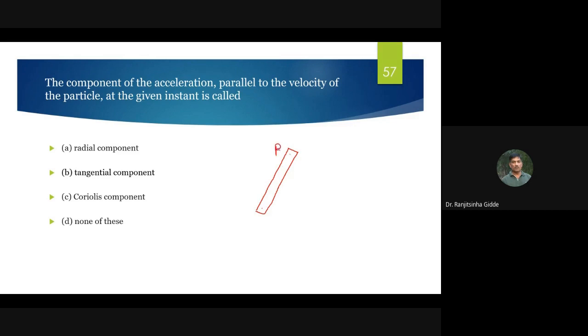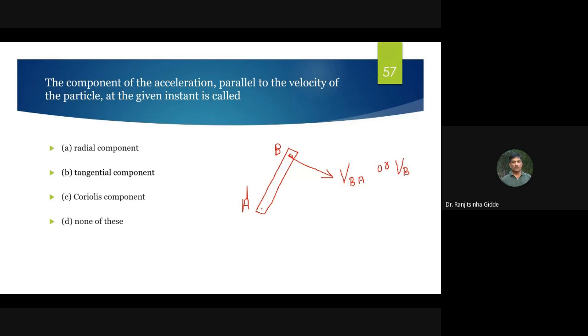This is point B, A. So the component of acceleration parallel to the velocity of particle. So this is point B, and it's the velocity. It is VB, or simply we are going to denote it VB.